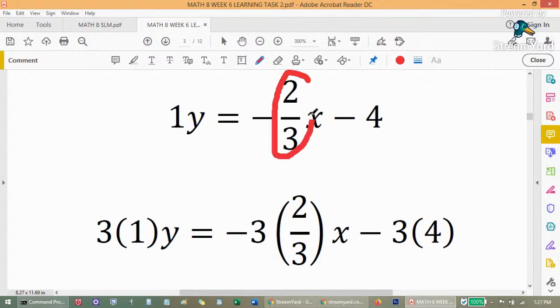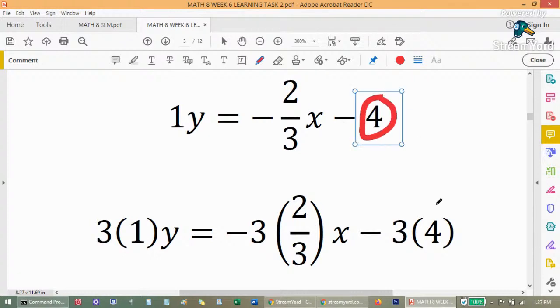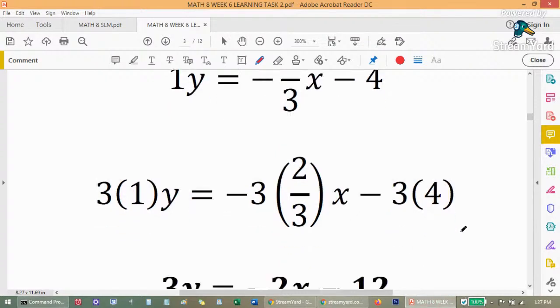And then, itong 2/3 na to, lalagyan ng parenthesis. Okay, lalagyan ng parenthesis dito. And then, magkakaroon siya ng 3 dito. No? Kasi, kung multiply nga natin lahat eh. Okay. And last one, itong 4 na to, babalutan natin ng parenthesis dahil multiply natin siya ng 3. Okay?